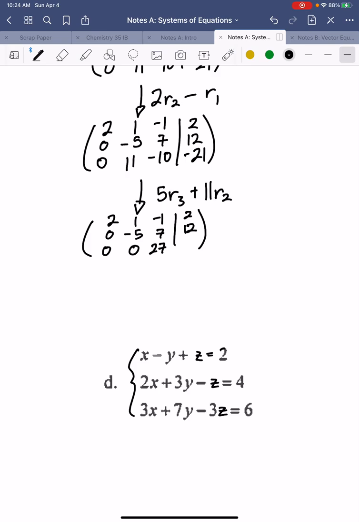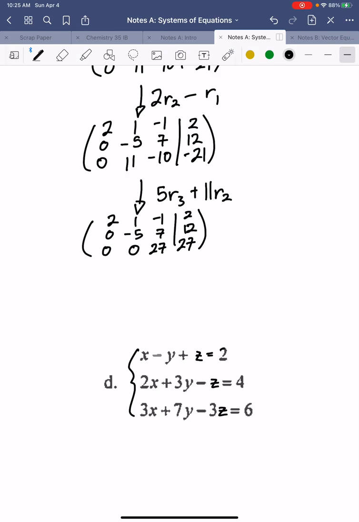And then what's negative 21 times 5? So negative 105 plus 132, I think. That gives us 27 again.